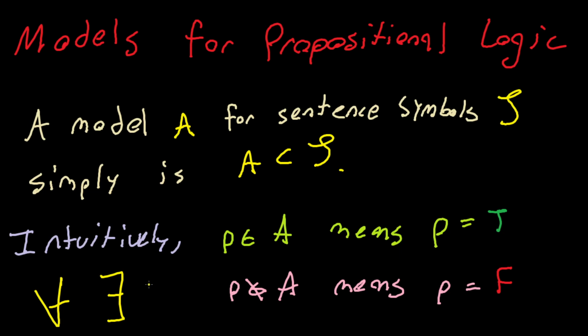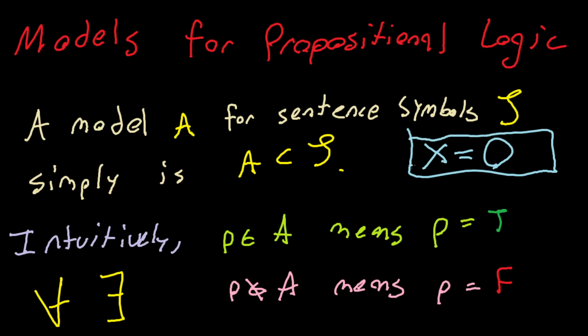Eventually we'll reach the point where we can write sentences like x equals 0. But this is just a sentence, and everything we'll say about propositional logic will still apply if you zoom out and forget about what your sentences look like and only consider the sentences themselves, right?